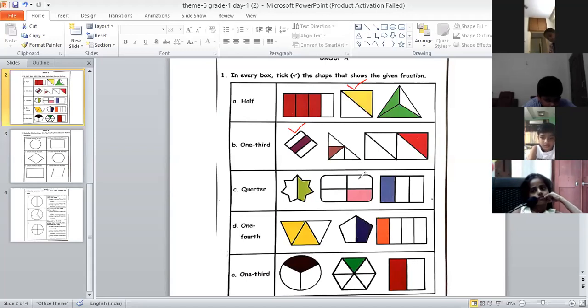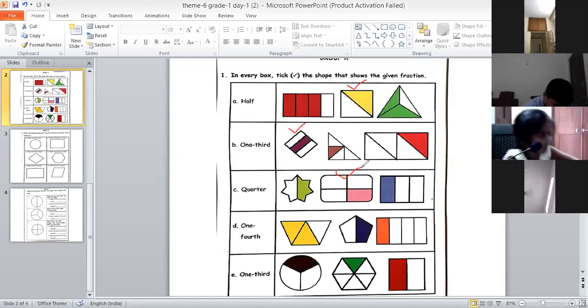Quarter. Yes, it is representing quarter. Quarter and 1/4 are the same thing. So your second option is correct, children. You will put a tick on the second shape, because out of 4 parts, only 1 is shaded.